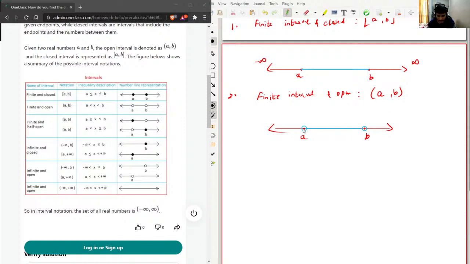So this means that we are not including a and b. In the first one we included a and b, so I can make a colored dot there, but here it will be a kind of circle.